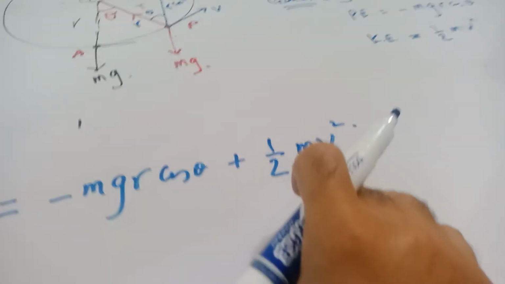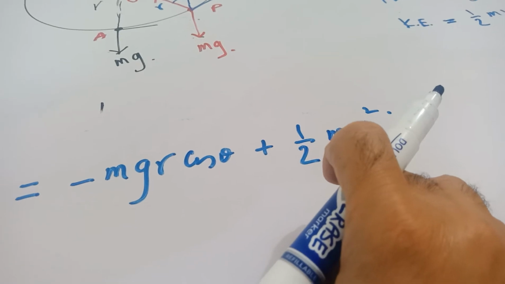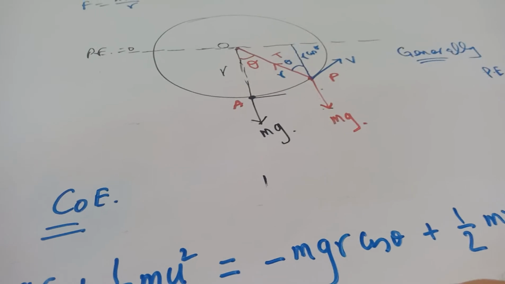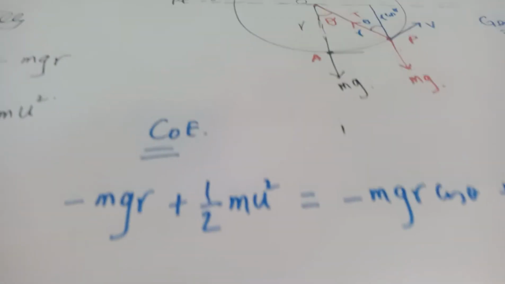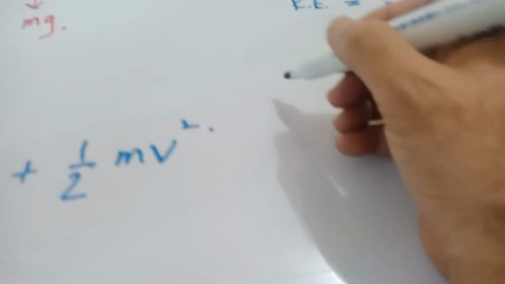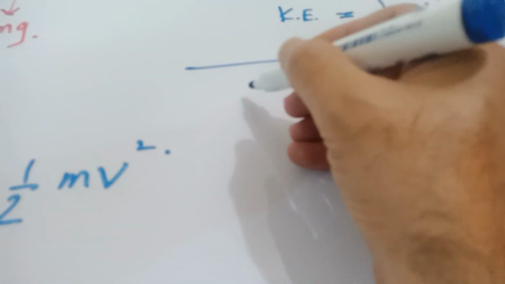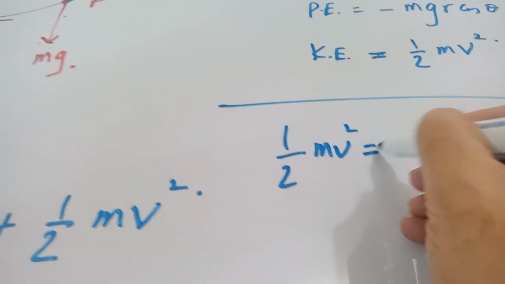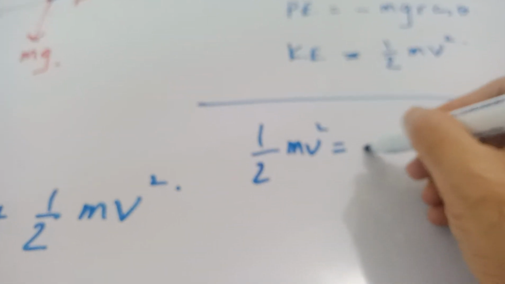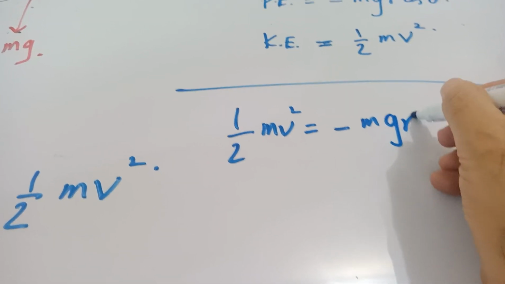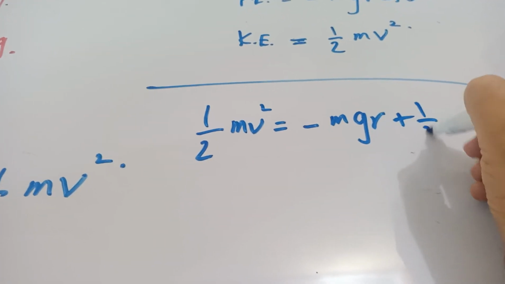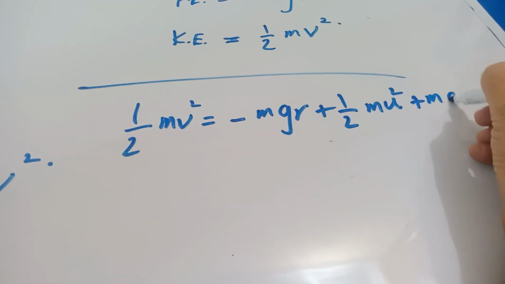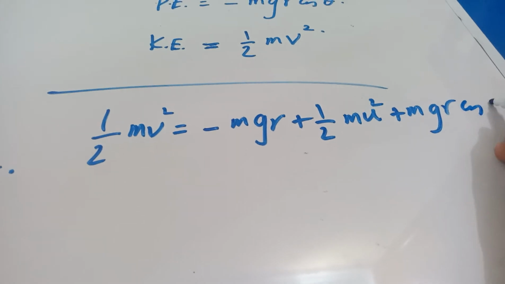We shall find this mv square from here, so that I can put that back into this F equal to mv square over r thing. So this half mv square is going to be equal to minus mgr plus half mu square and then plus mgr cos theta.